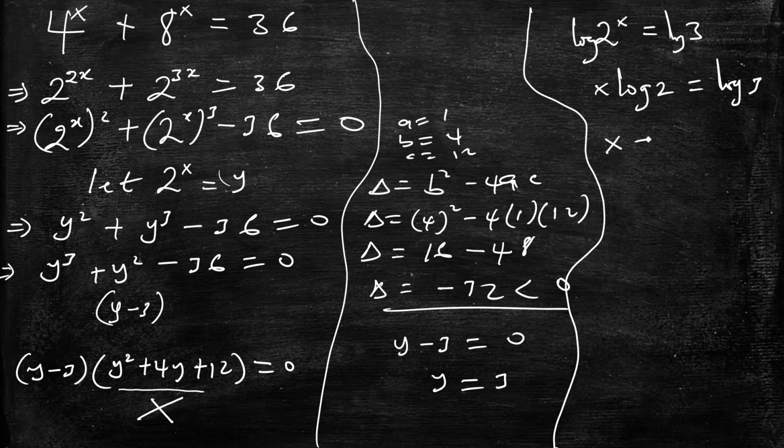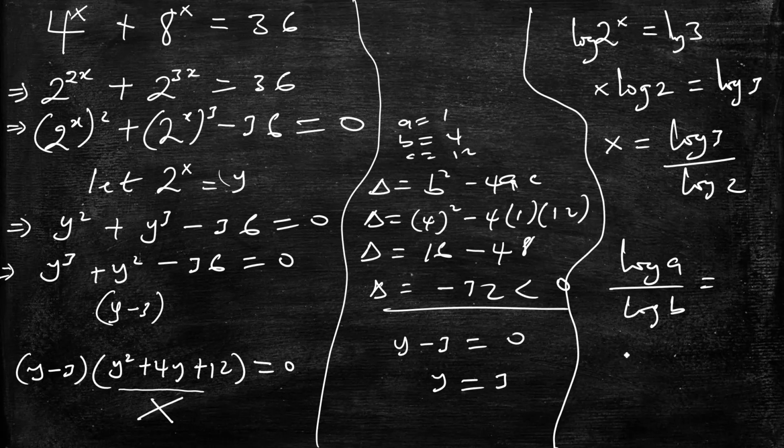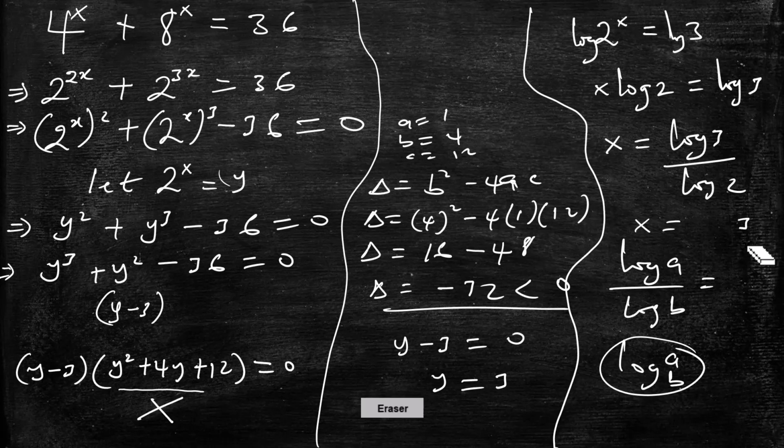So my x is log 3 over log 2. In case we're given log a over log b, it is the same as log a base b. So this one will be log 3 base 2. So this is the final answer.